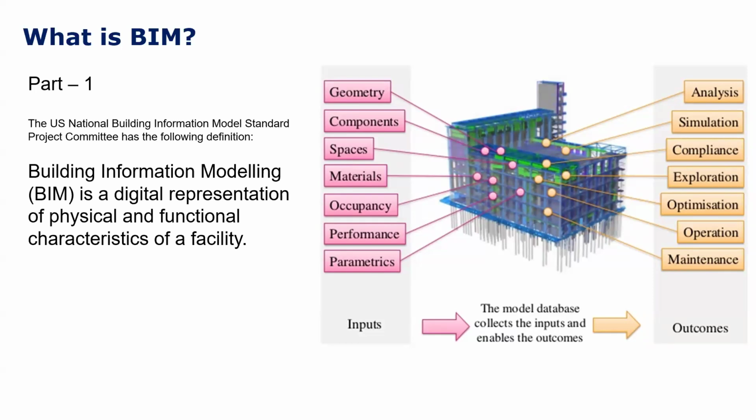If I talk about the architectural aspect, the door is a type of category. Similarly, window is a category. Depending on the category, it has types and subtypes. For example, door 750 by 2100 is one type of door. Similarly, 900 by 2100 is a second type of door, and so on.